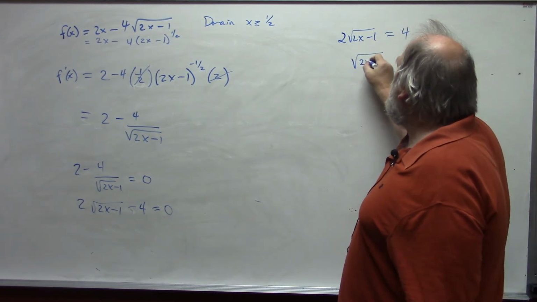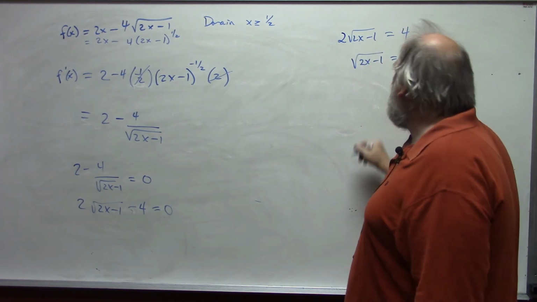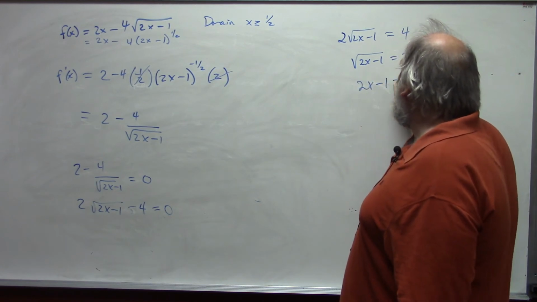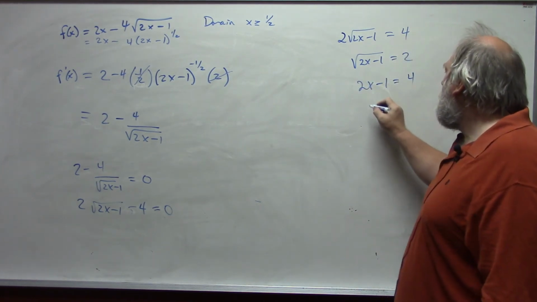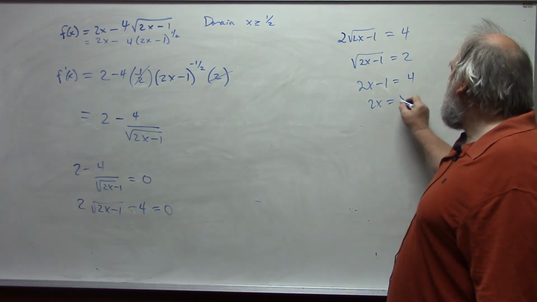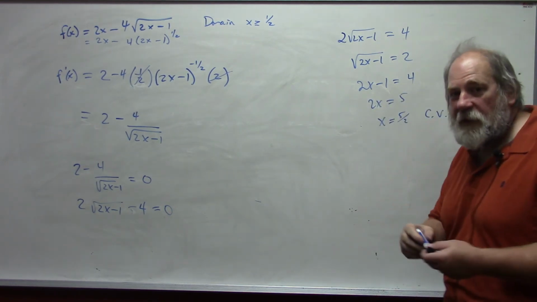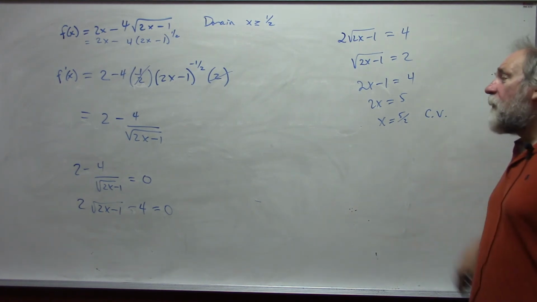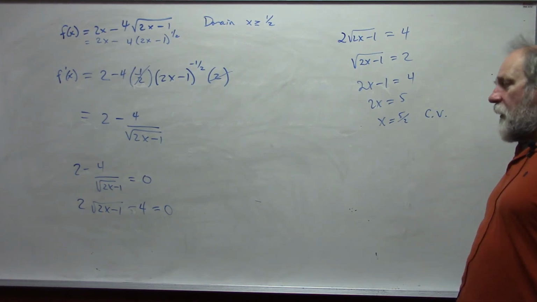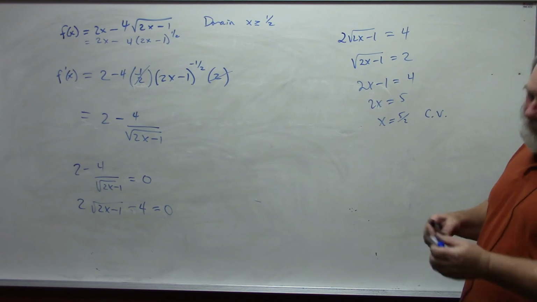The square root of 2x minus 1 is equal to 2. 2x minus 1 is equal to 4. So 2x is 5, x is equal to 5/2. This is my critical value. This is where the derivative is 0.